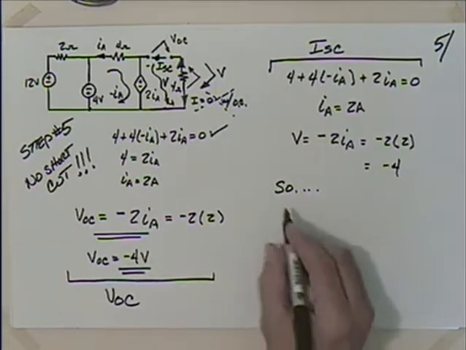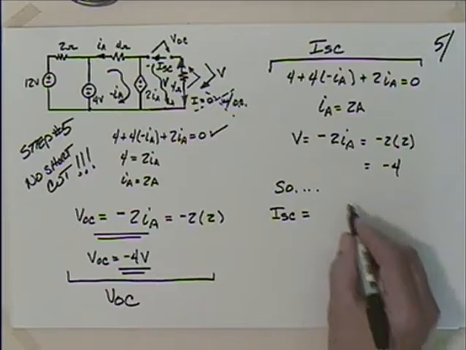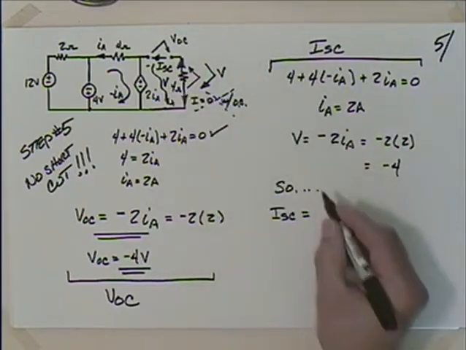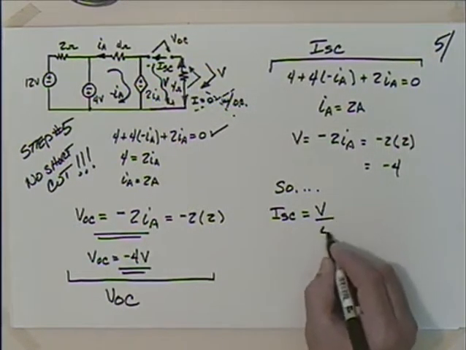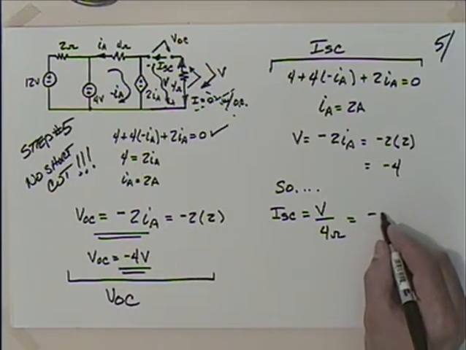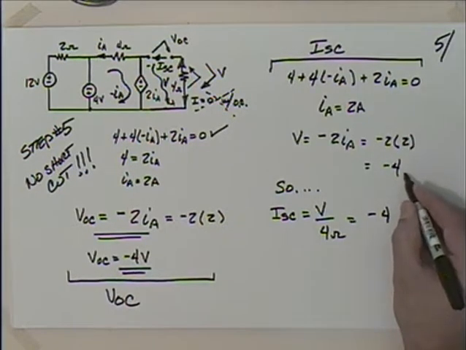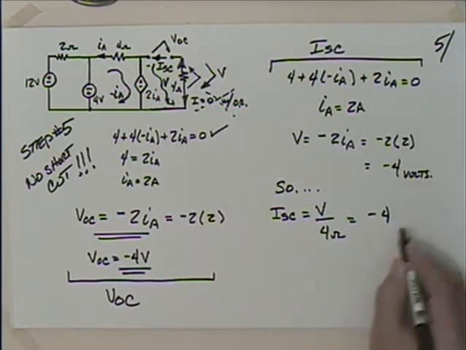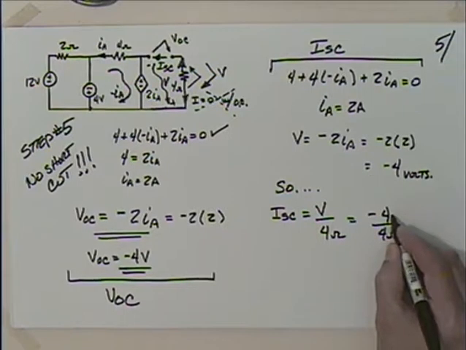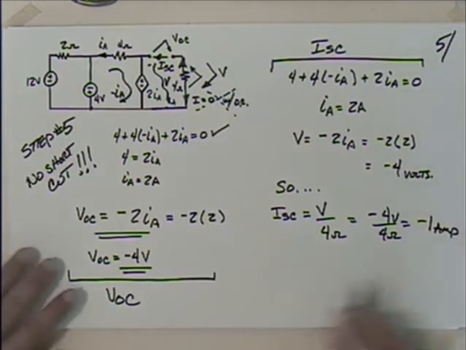So I short circuit is equal to this voltage V that we found, minus 4 volts, divided by 4 ohms, which gives me minus 1 amp.